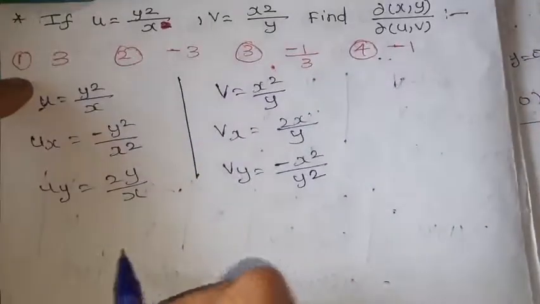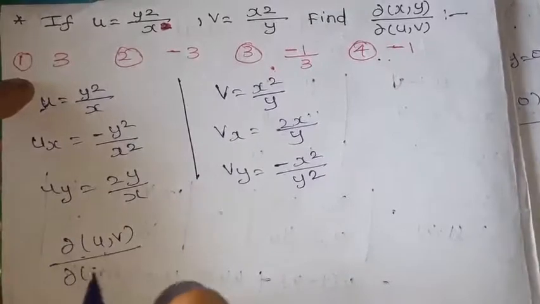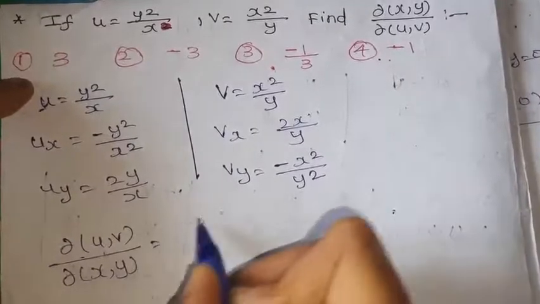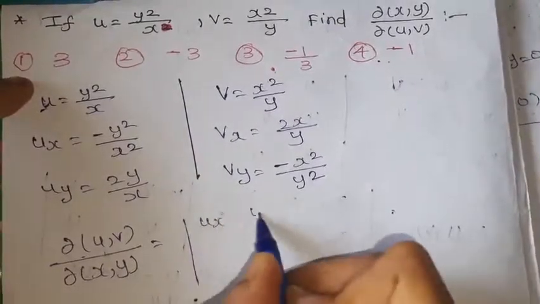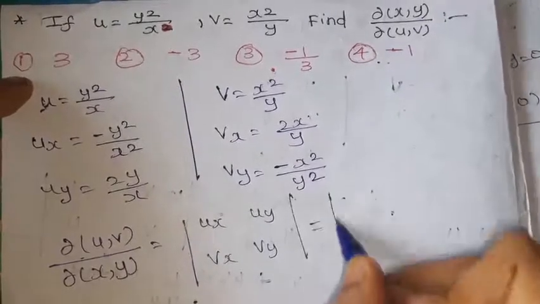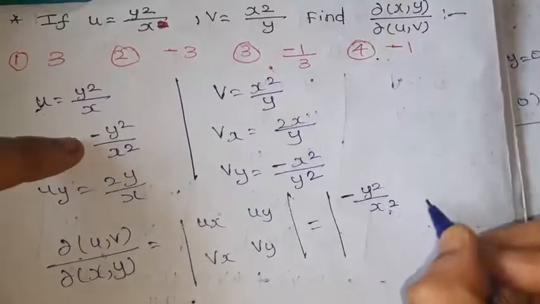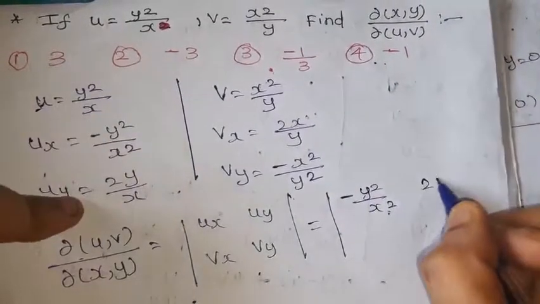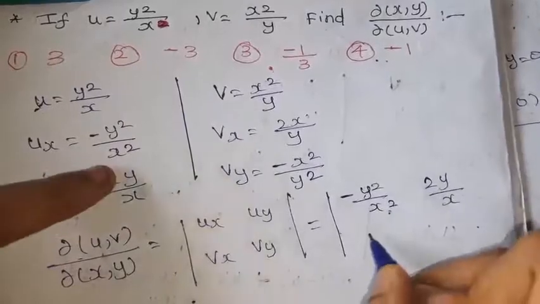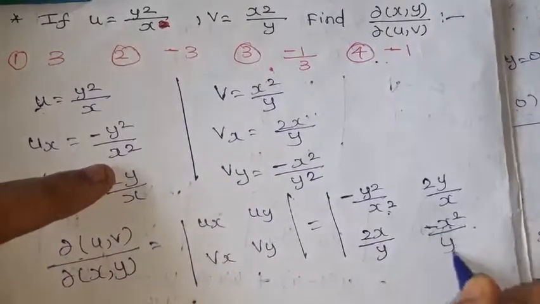Then ∂(u,v)/∂(x,y) equals the determinant of u_x, u_y, v_x, v_y. Just substitute the values: minus y squared by x squared, u_y is 2y by x, v_x is 2x by y, minus x squared by y squared.